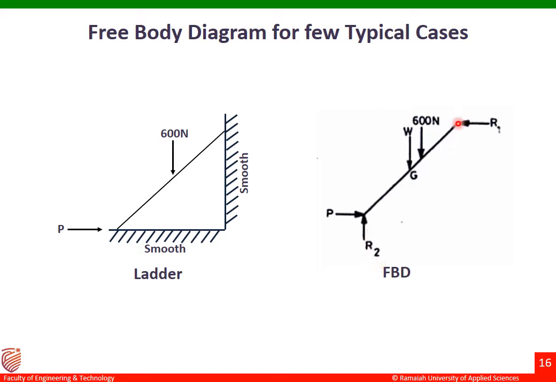Coming to the top of the ladder, there is a reaction force coming from the wall. The next one is the weight of the person, 600 newton, which is coming downwards, and the extra force is also moving downwards. This is the free body diagram for this given case.